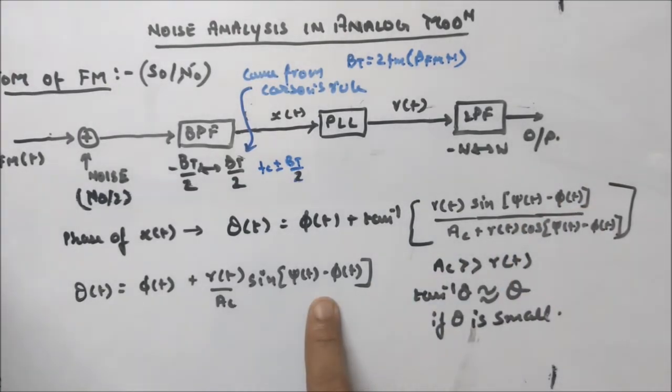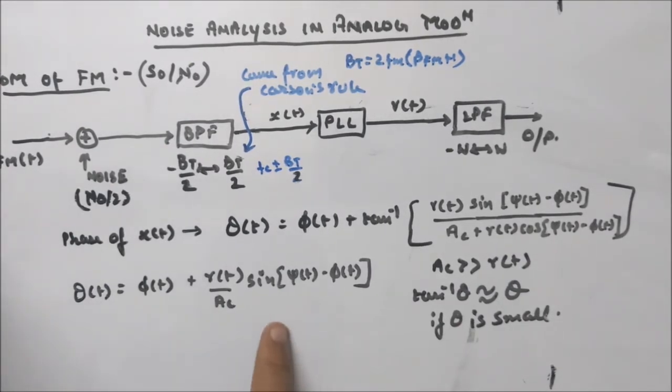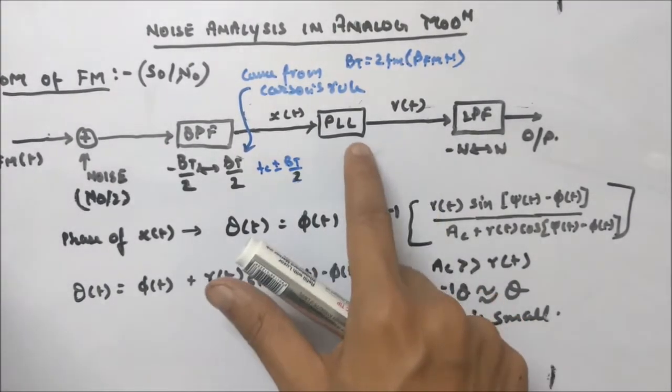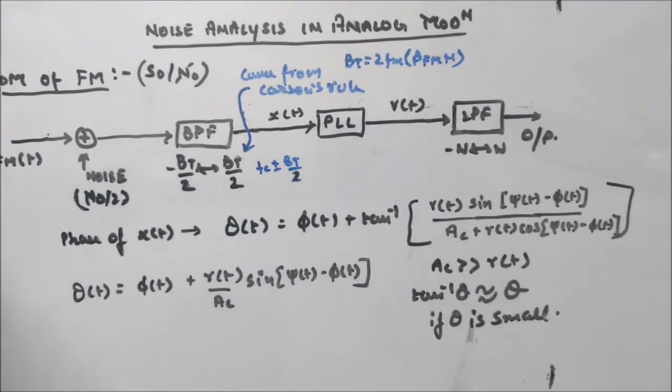Okay, so this is what you will get after making the approximation, and this will be applied to the PLL, and you will get V(t). So we'll see what will be the V(t).